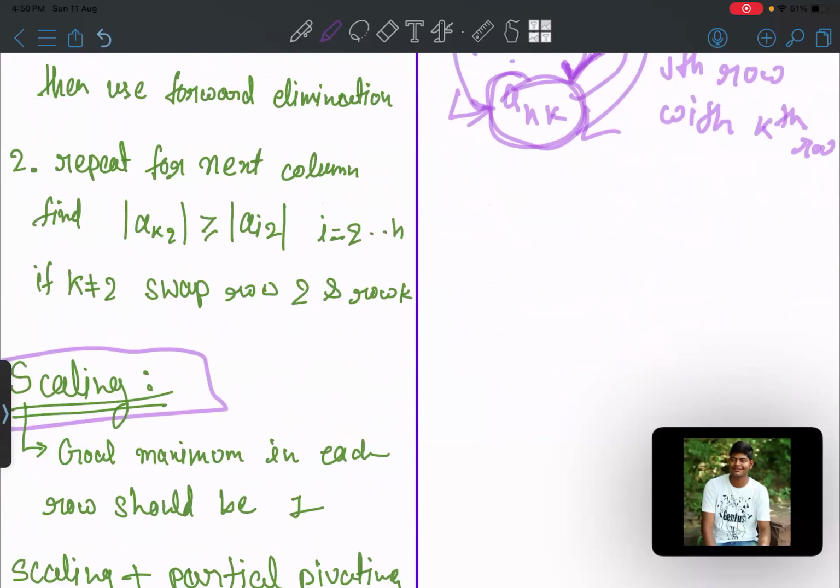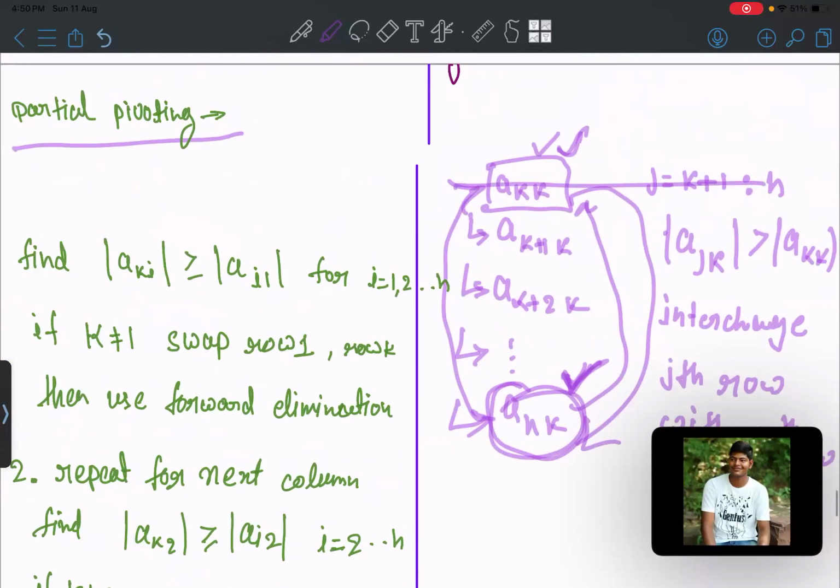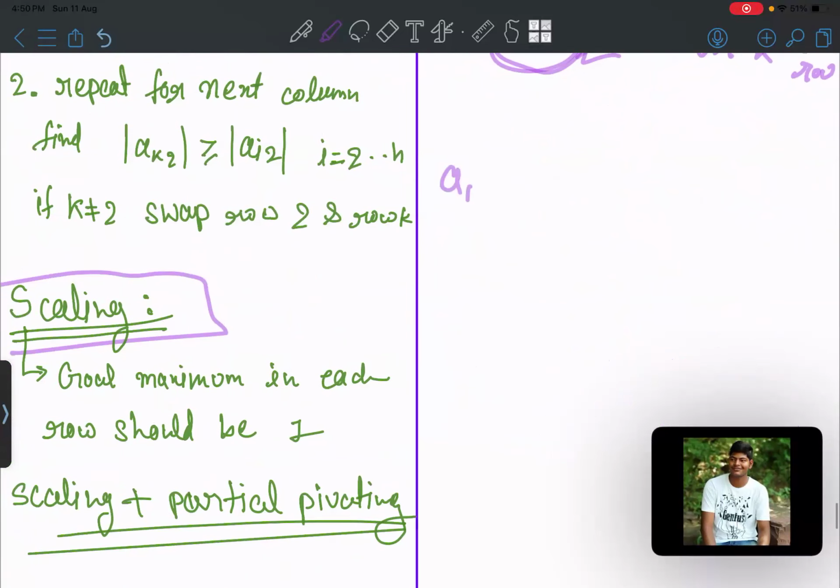To find the relative size of the term, we look at the rows k plus 1, k plus 2, up to n.